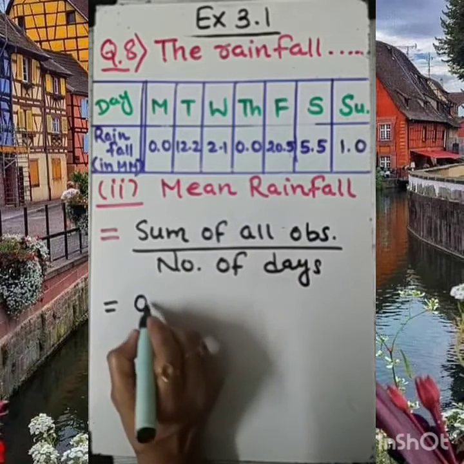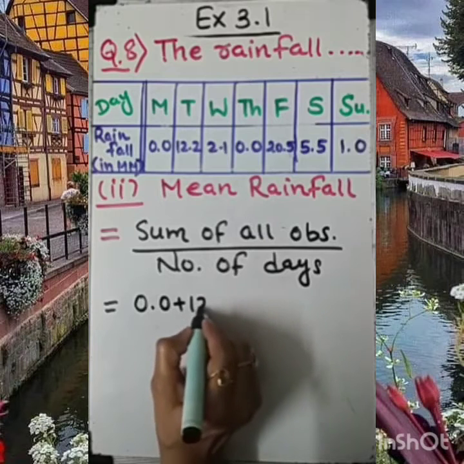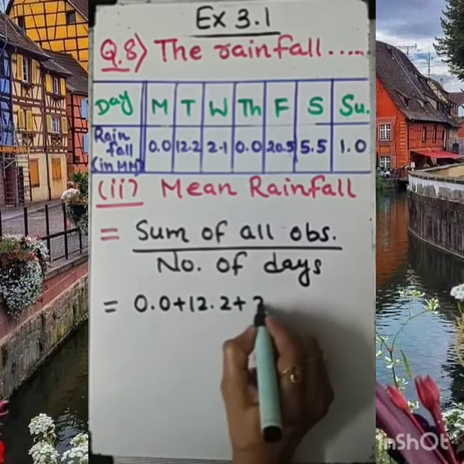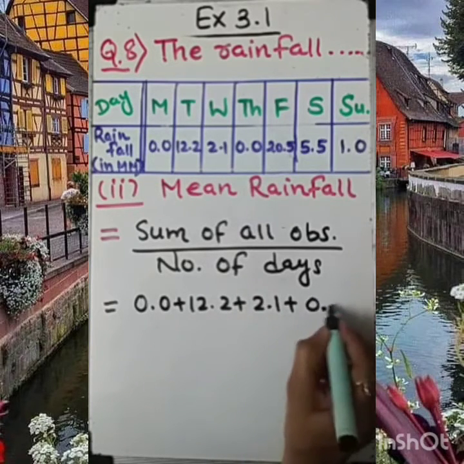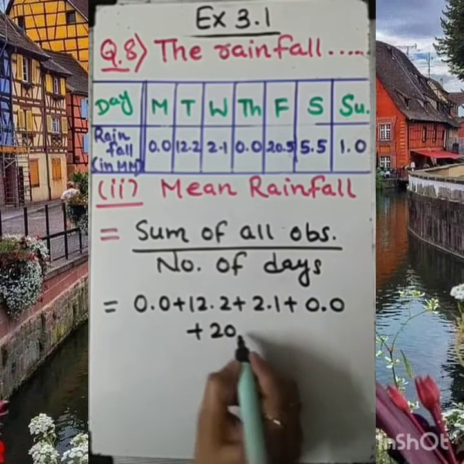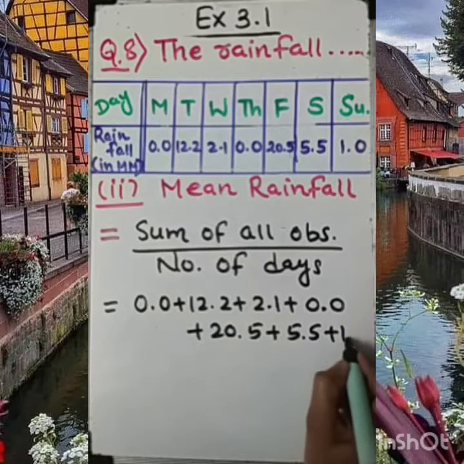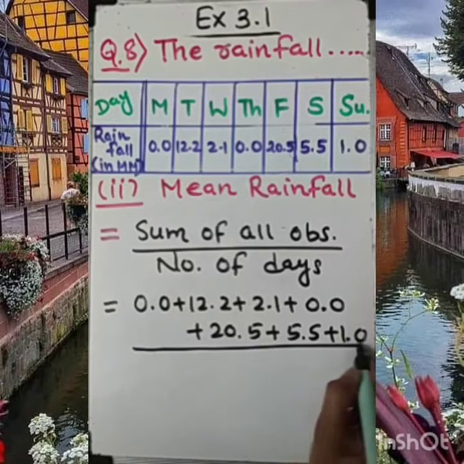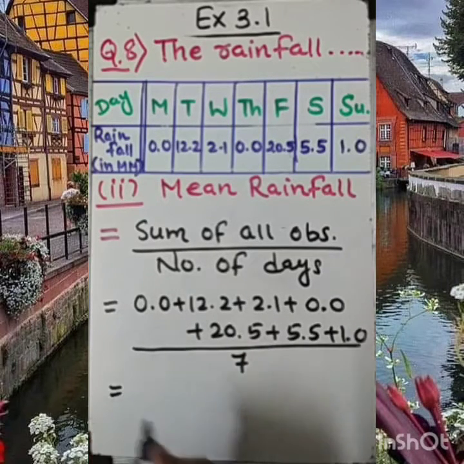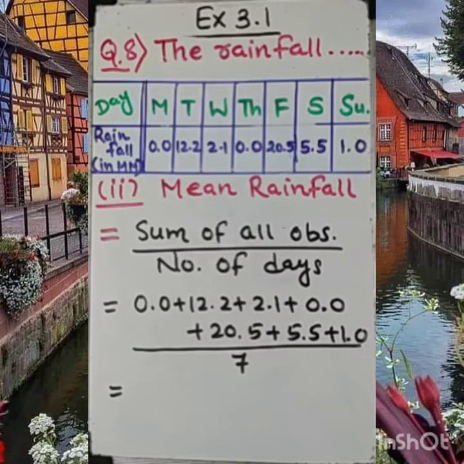So let's add 0.0 plus 12.2 plus 2.1 plus 0.0 plus 20.5 plus 5.5 plus 1.0, which is divided by 7 days of a week. So we will divide it by 7. Now let's try to understand how to add these decimals. We have already studied in chapter 2.